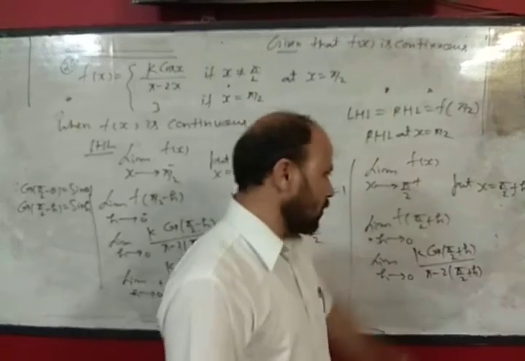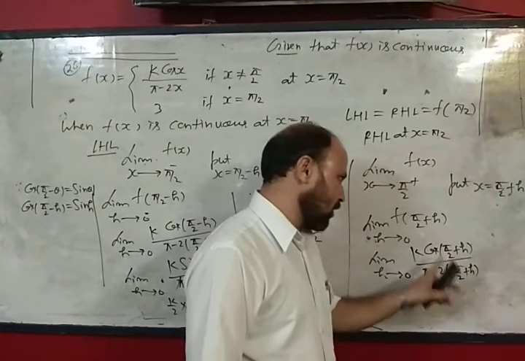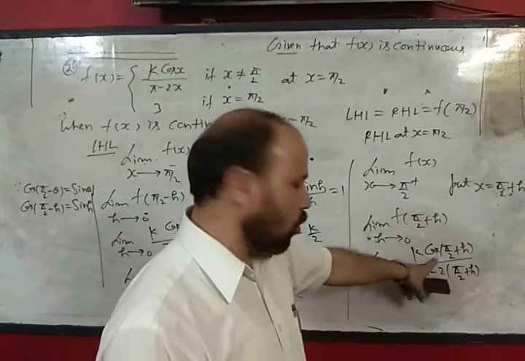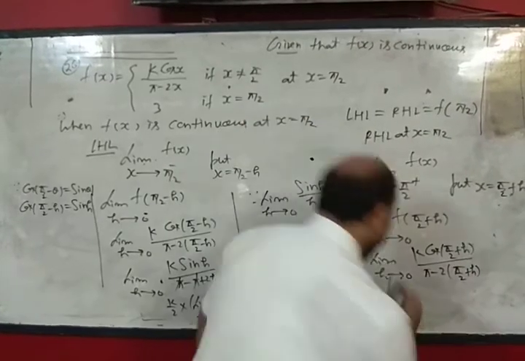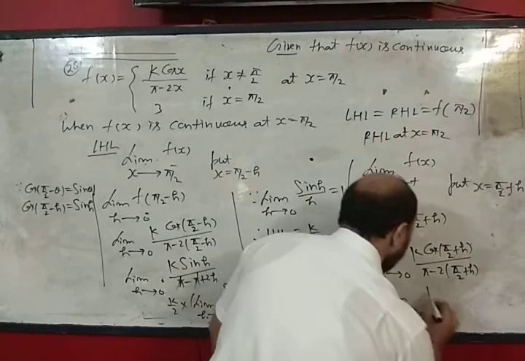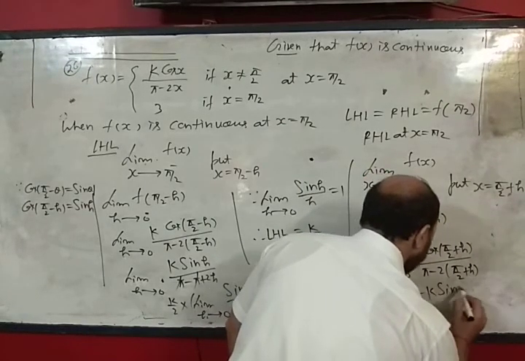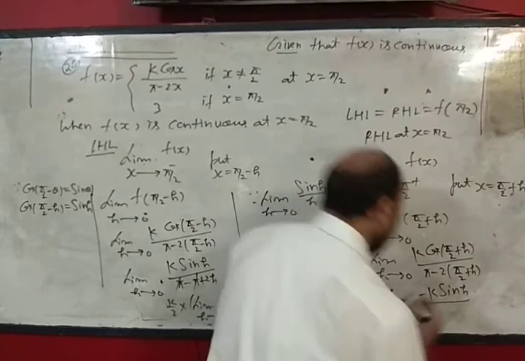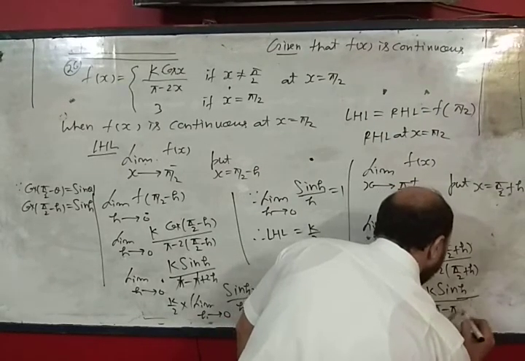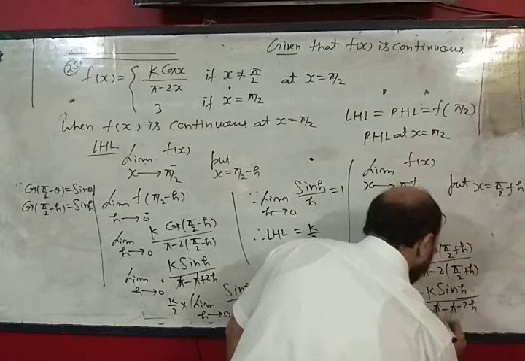Cos(pi by 2 plus theta) is minus sin theta, since it is in the second quadrant, and we know that in the second quadrant the cos function is negative. Therefore limit h tends to 0 of k sin h upon pi minus 2h, cancel this pi.